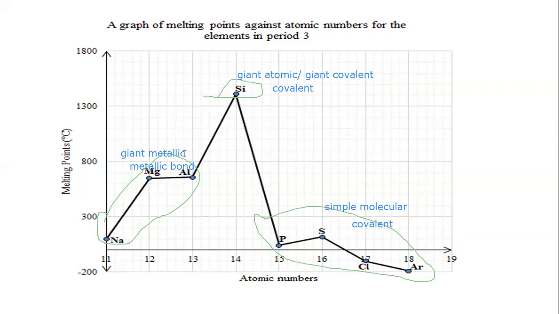Now, for metals, they have giant metallic structures in which atoms are held by strong metallic bonds whose strength increases with decrease in atomic radius and increases with increase in number of electrons contributed per atom towards the metallic bond formation.